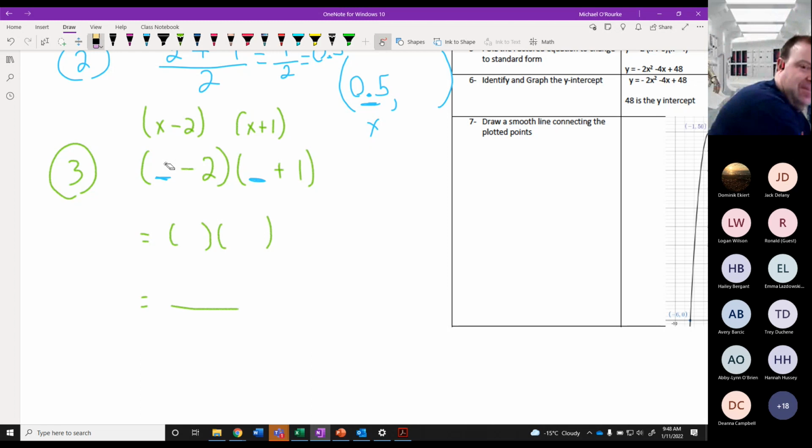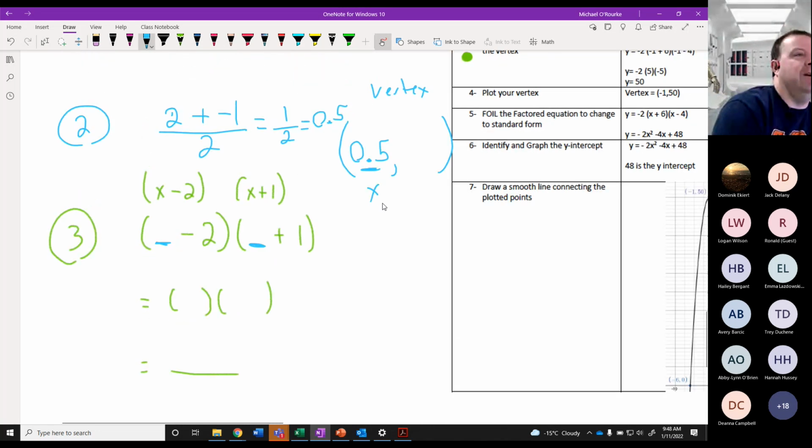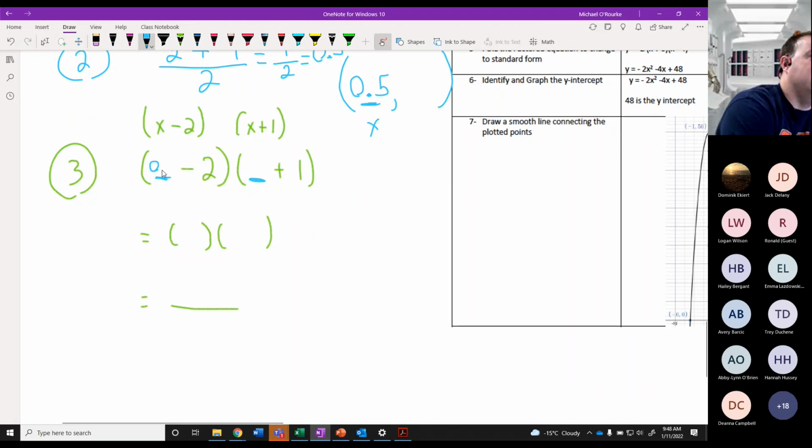Hi. Thank you. So now, if we put our number in here, we would have put our zeros in here. Sorry, our 0.5, 0.5, which gets us negative 1.5 times 1.5, which equals what number? Negative 2.25. That should have been green.